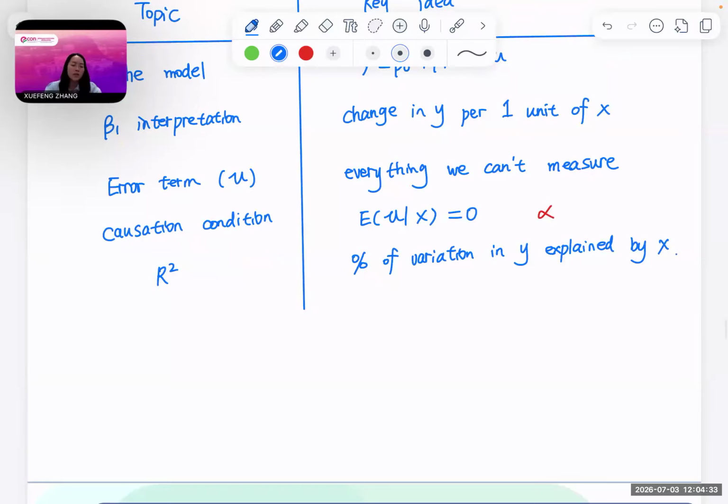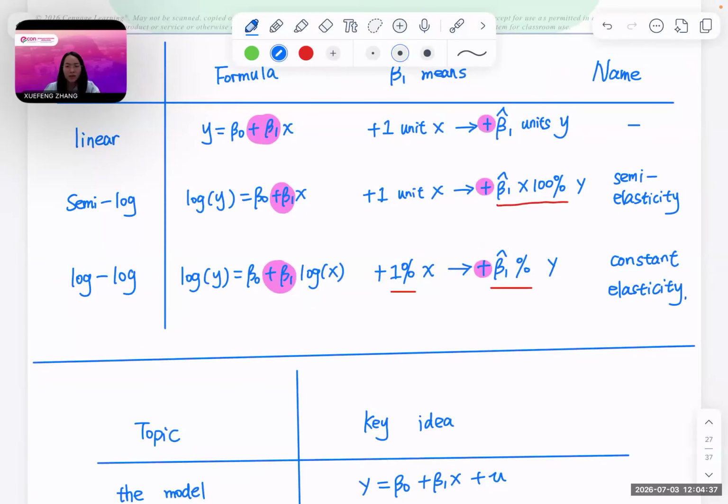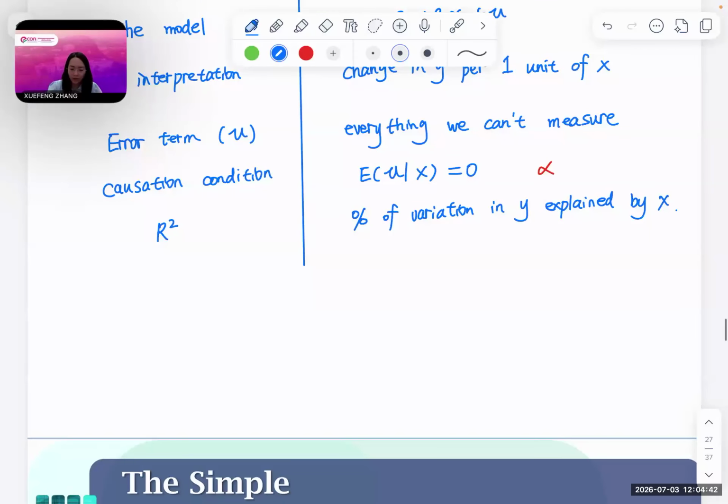And then we talked about the linear model, the semi-log model, and the log-log models, okay? If you use the log transformation for your data, of course, it's gonna change the interpretation to percentage or elasticity.